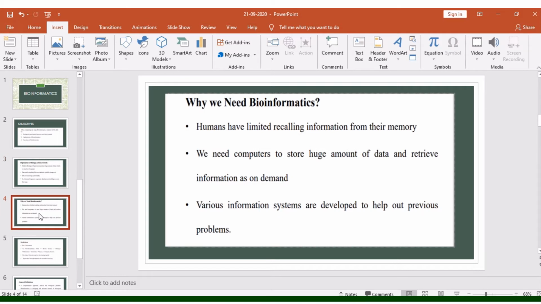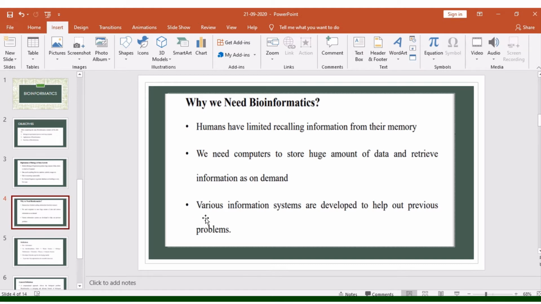So why do we need bioinformatics? Without bio software or computers, humans can't remember everything happening in the real field. Humans have limited recall from memory, so we need computers to store a huge amount of data and retrieve information on demand.